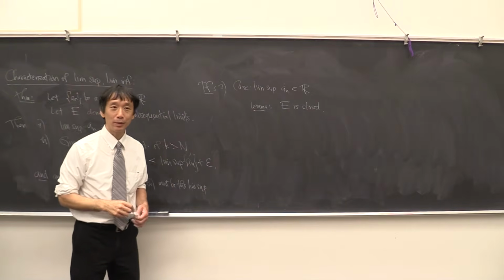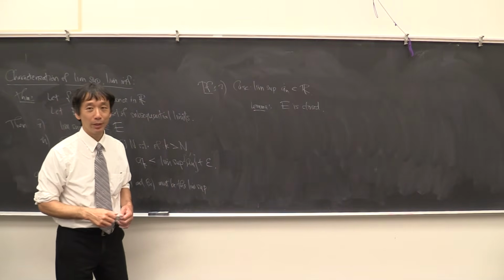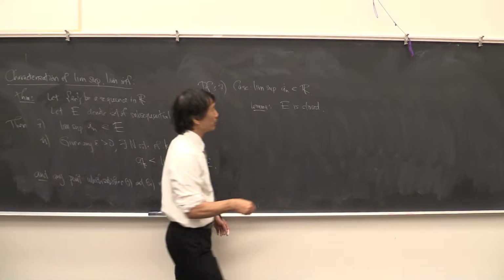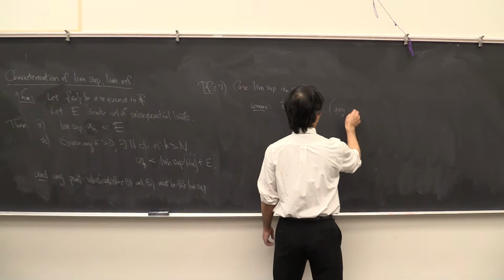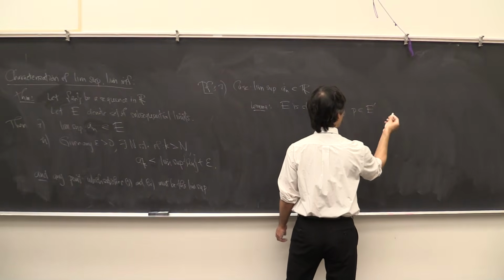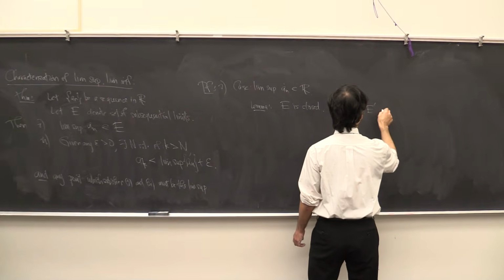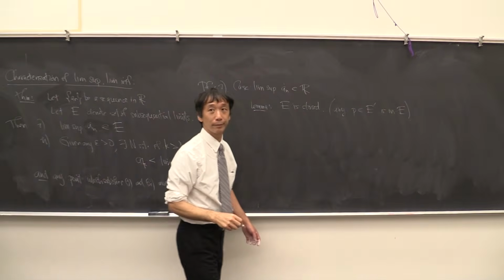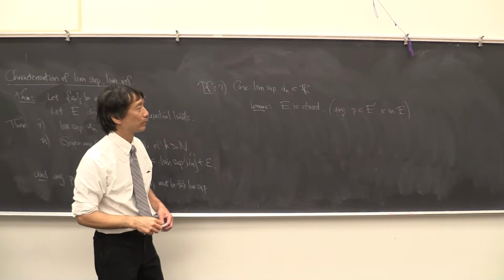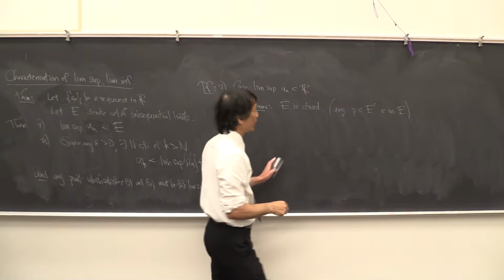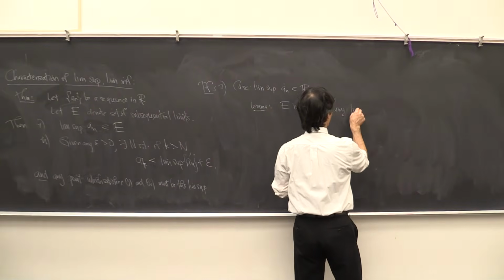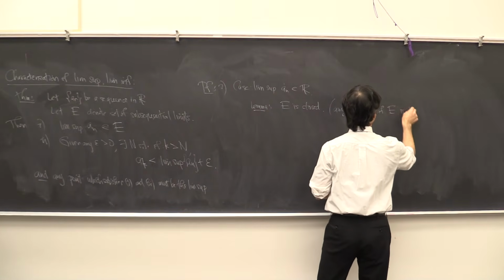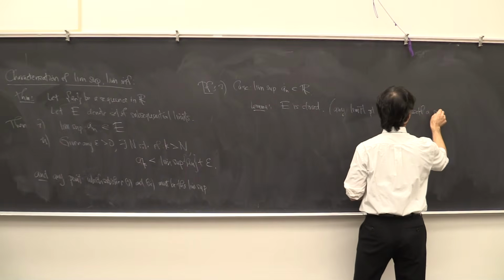That any limit point of the set of subsequential limits must also be a subsequential limit, right? So any point that's in the limits of the subsequential limits is in E already. Any limit point of E is itself a subsequential limit.